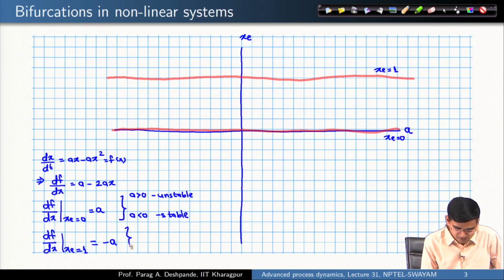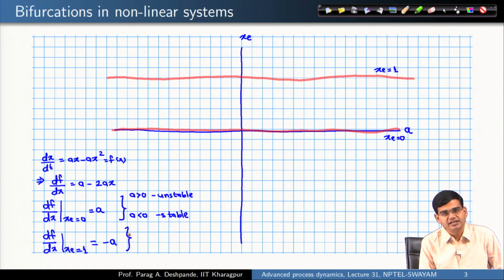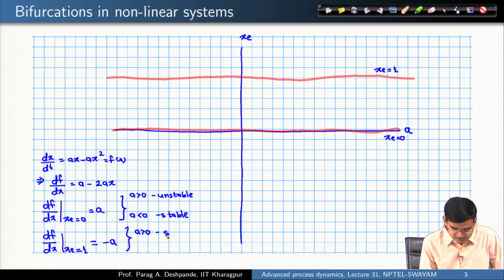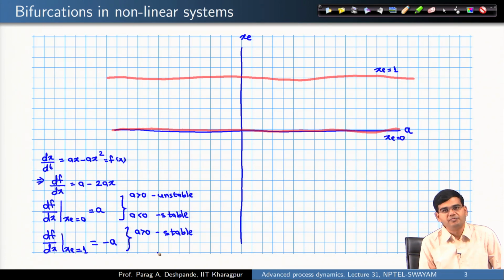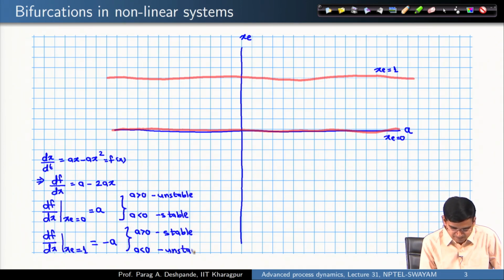Similarly, since I have minus a for the second solution, for a greater than 0 I will have the stable part of the bifurcation diagram, and for a less than 0 I will have the unstable part.